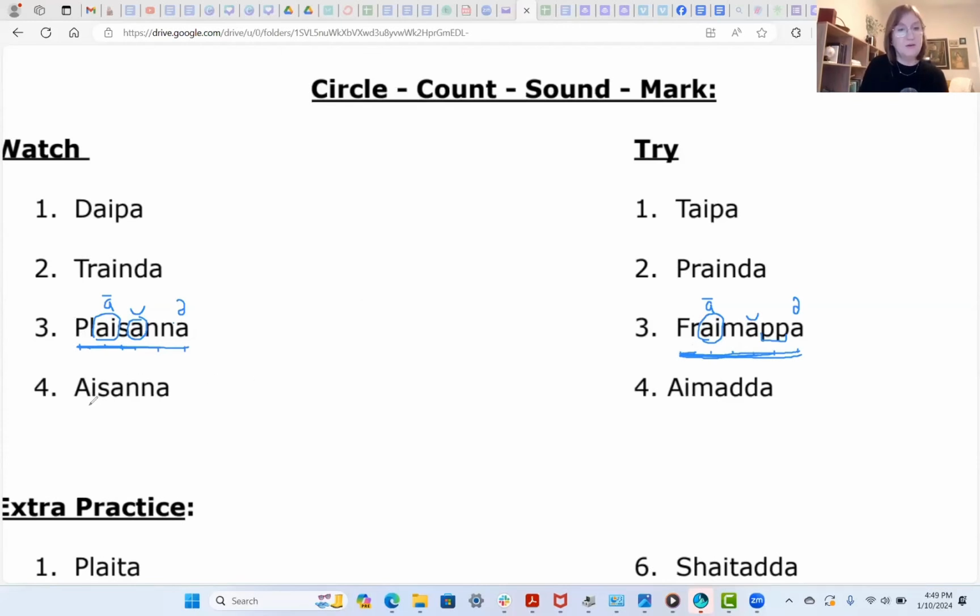Okay, good. I'm going to go ahead and start on number 4 here. So I know that this A says ah because of the tap 2 rule. There is a vowel 1 or 2 doors down. This A does not have a vowel 1 or 2 doors down, so it's not going to say its name. It's going to make its regular short sound ah. I can tell that real quick because these are not only 2 consonants, but it's the same letter, so it's easy to identify. That is going to say ah.